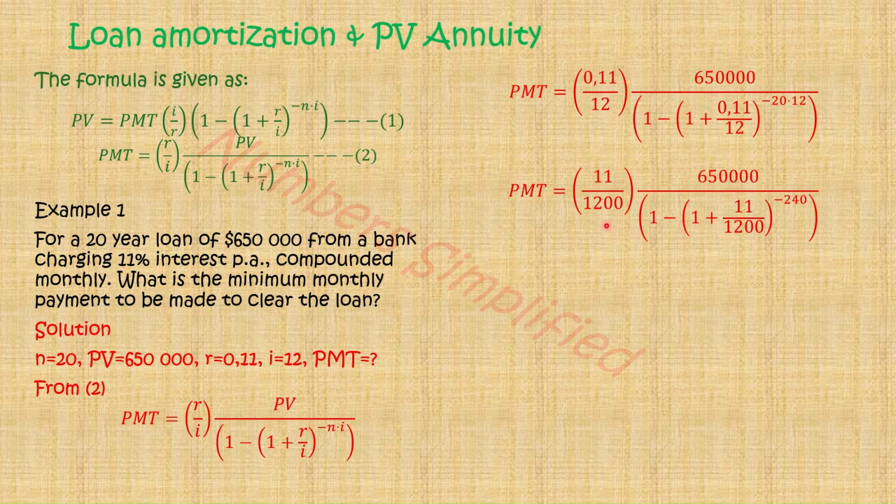Because if we just input the values from word go, we might make a lot of mistakes. We want something that is very accurate and precise. So now we move on to the inner bracket within the denominator. Combining 1 and 11 over 1,200, we get 1,211 over 1,200.